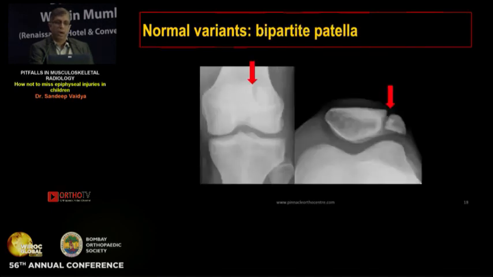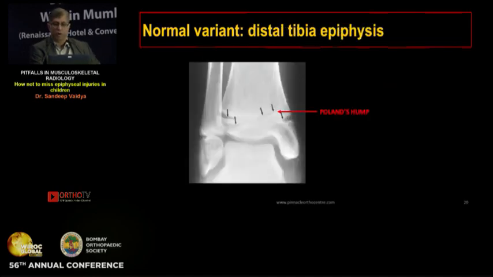Another normal variant example, bipartite patella, which occurs along the superolateral aspect of the patella. This is a very rare location for a fracture. Secondly, look at the smooth borders. So this differentiates a bipartite patella from a fracture. Also in the distal tibial physis, an irregularity which is known as the bony hump, which is near the medial border, is also called the Poland's hump or the Kemp's hump.